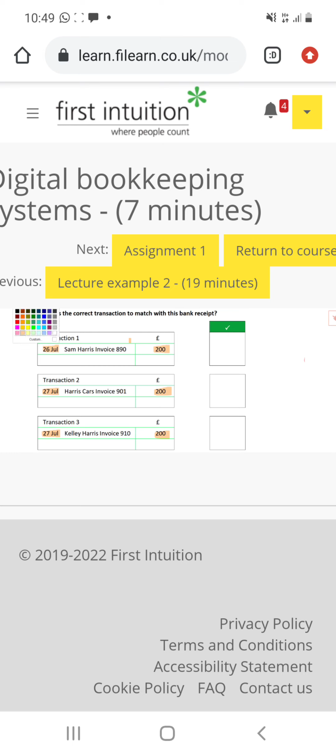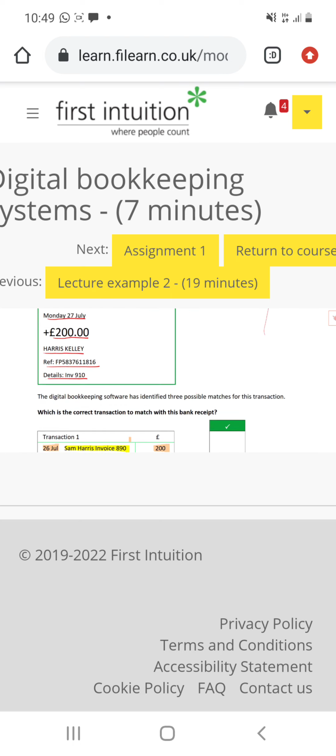So what I need to be doing is looking at the detail, the names and the invoice numbers. Now you can see as I do that, all three of them have got Harris, so you could see why an AI system might struggle. But looking at the name, the one that seems to be the best fit is down here, Kelly Harris, given the fact that on the bank receipt we had Harris Kelly.